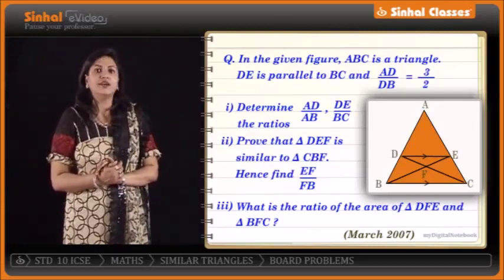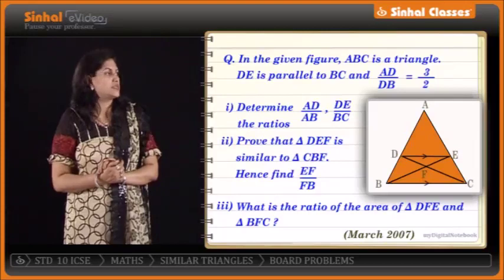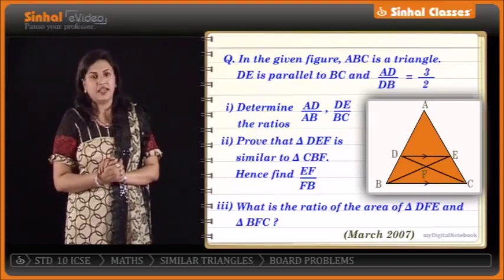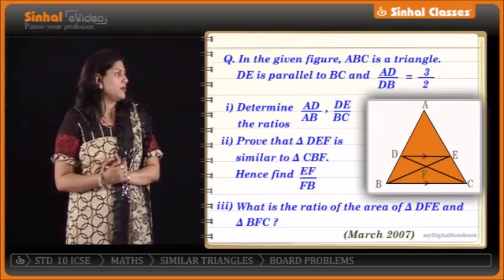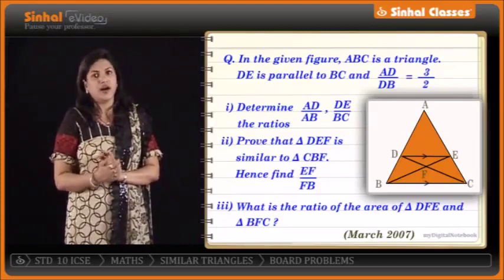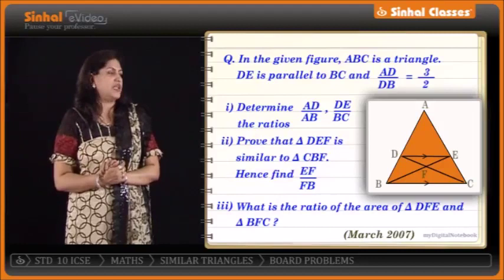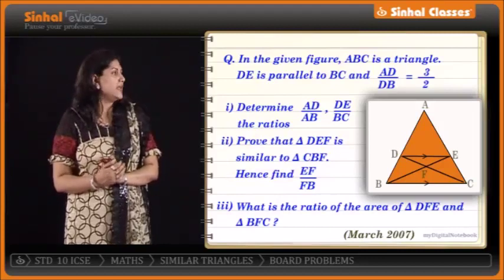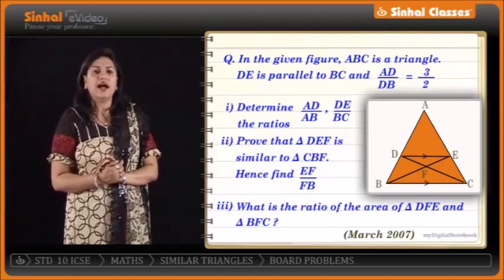Also prove that triangle DEF is similar to triangle CBF. Hence find the ratio EF upon FB. Also asked what is the ratio of the area of triangle DFE and triangle BFC.